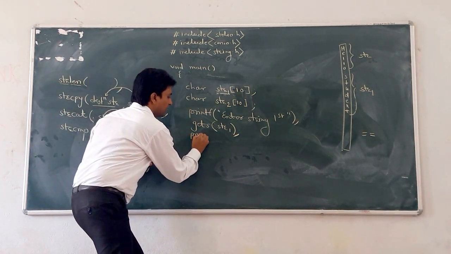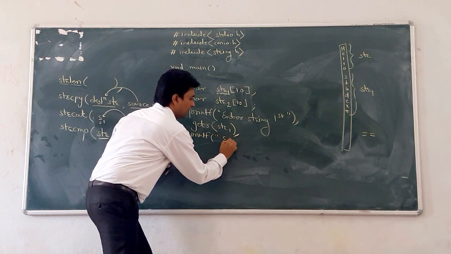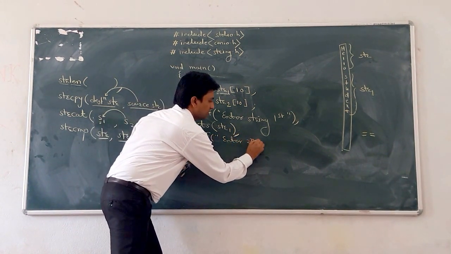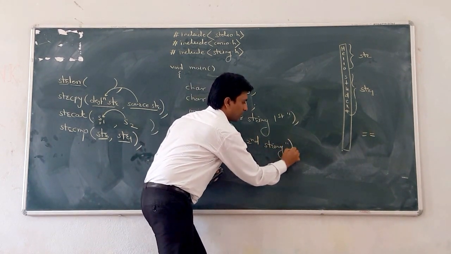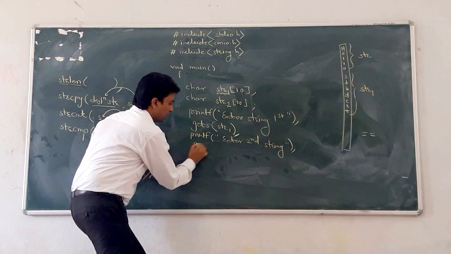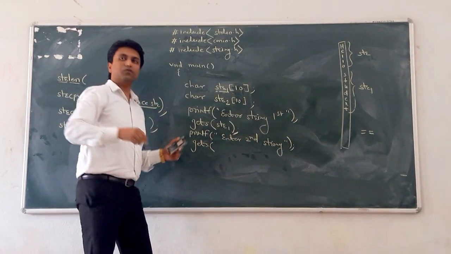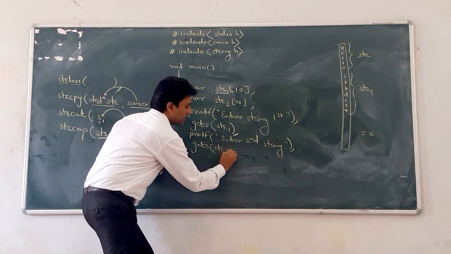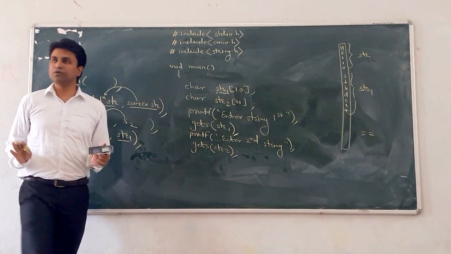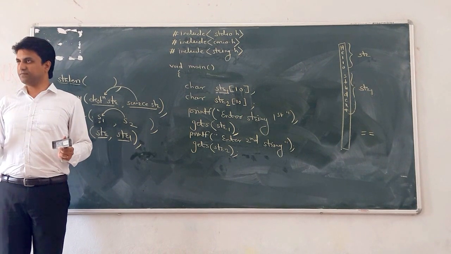Second, printf enter second string. Then gets, where we want to store it into second character array, that is str2. Okay, so now we got the two strings.